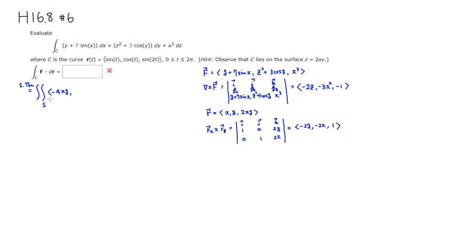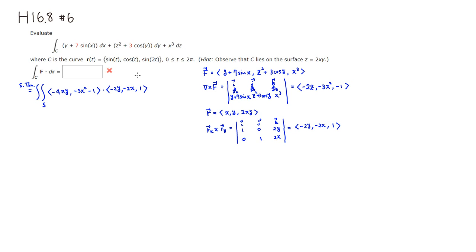Then you have a negative 3x squared and a minus 1. Then we have a dot product with negative 2y, negative 2x, 1.